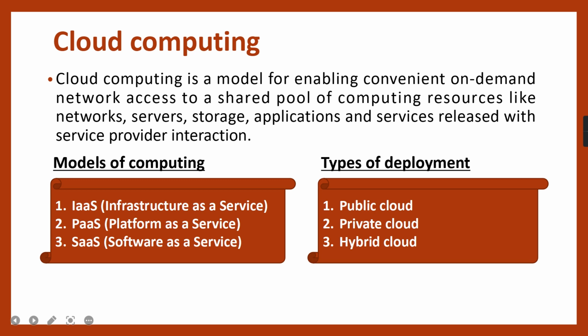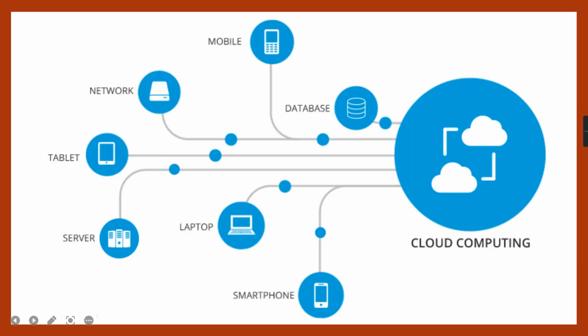So that means any individual or organization who needs extra storage space for networking, servers, storage, as well as applications can use the cloud computing facility and services with minimal service provider interaction. We are also going to study models of computing and the types of deployment, but before that, let us see this pictorial depiction.